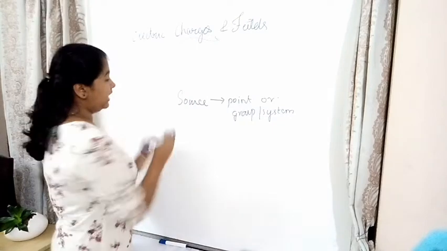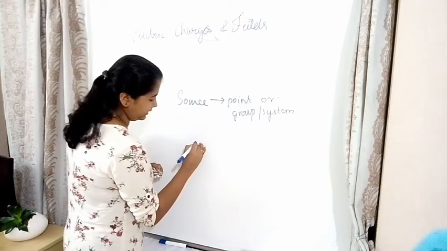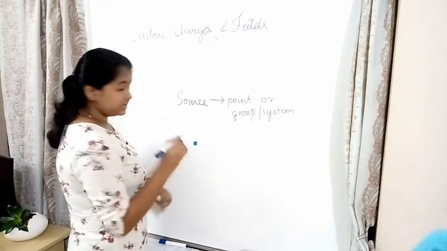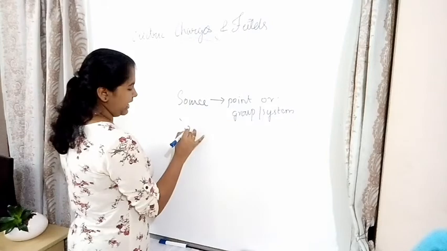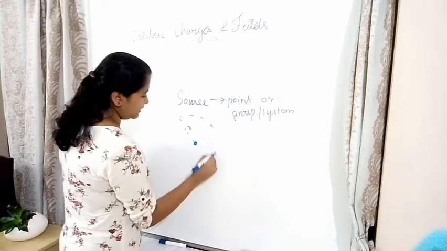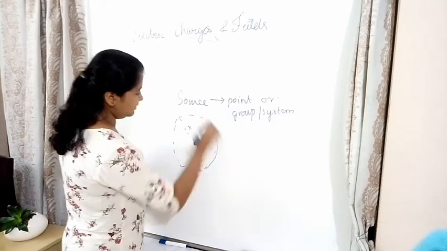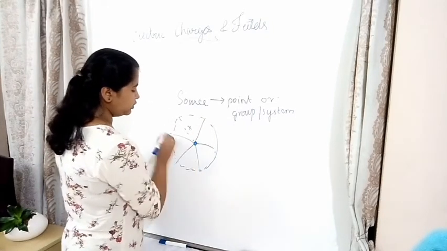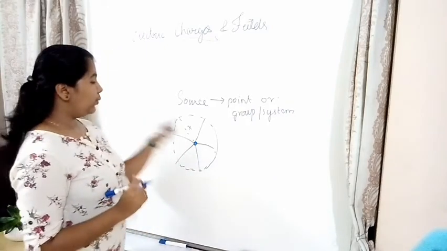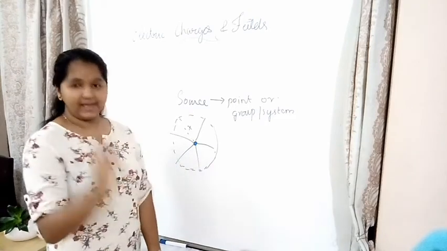If the source charge is a point charge, then from the charge, let's say this is x, let's draw a circle. This is all x radius.